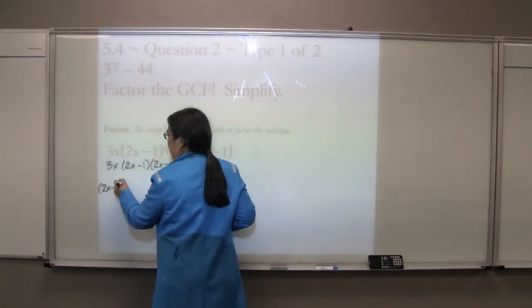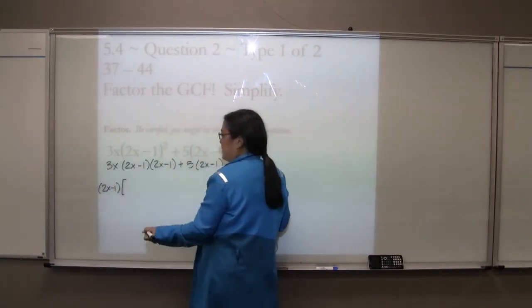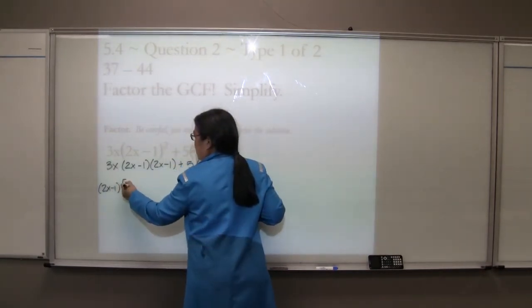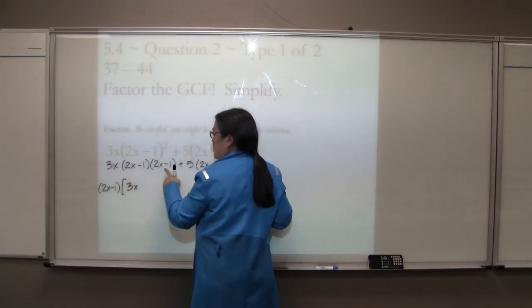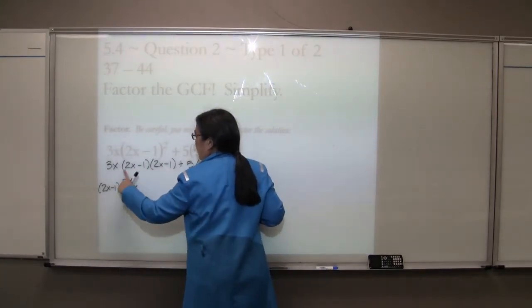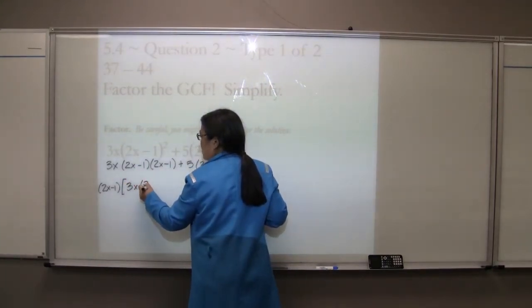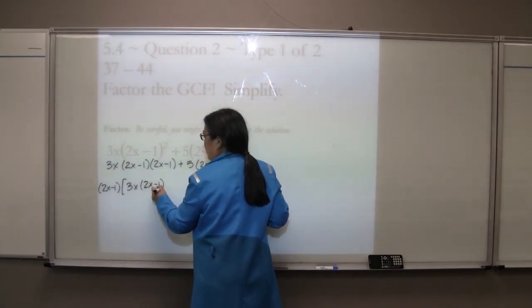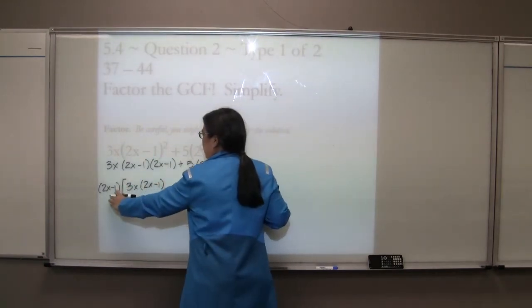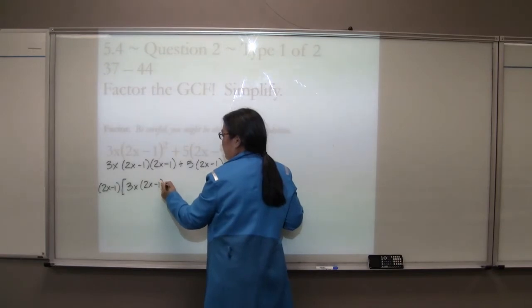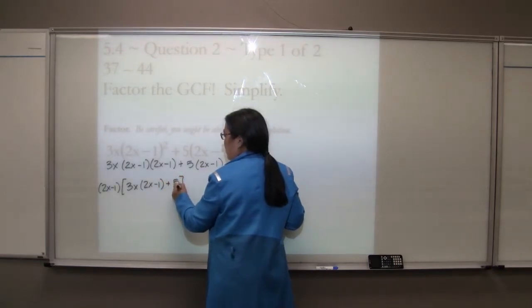Notice it still has parentheses, and then bracket. I still have a 3x. There were 2x minus 1s. I took one of them out, so the other one, doesn't matter which one, stays here. I took the 2x minus 1 out, and so this plus 5 stays here.